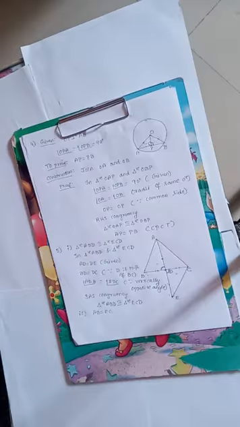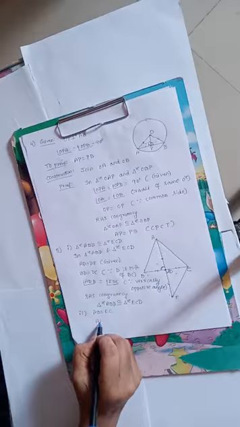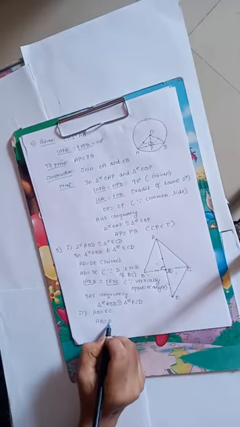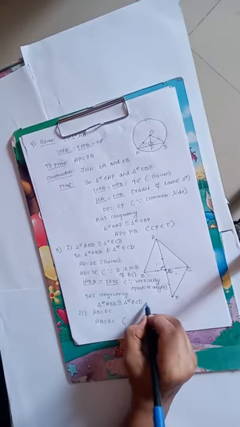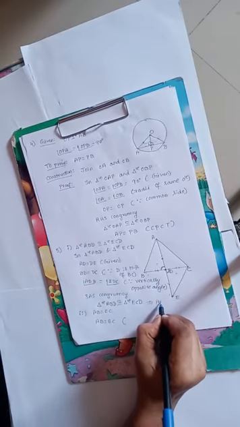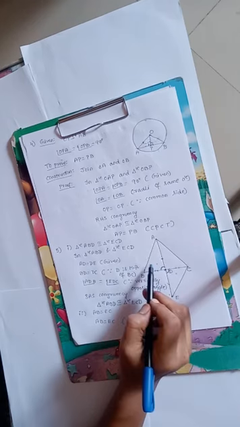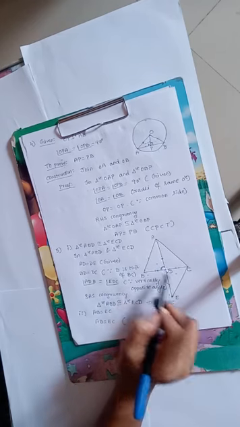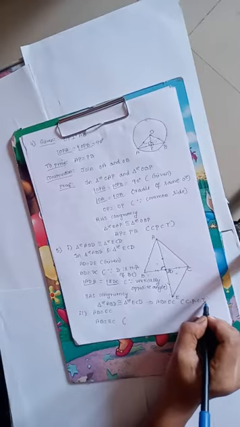To prove AB equals EC, from this you can tell that AB equals EC. The remaining, whatever the congruent parts of congruent triangles, are also equal, that is from CPCT.